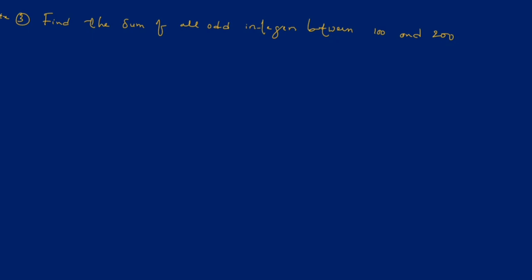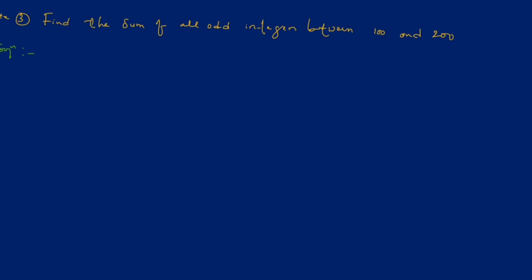It's a competitive-type example. Find the sum of all odd integers between 100 to 200. Let's see its solution. Simply if we count the sum of all odd integers, it will take more time. If you know the formula, simply we can substitute the values, then you will get the answer to the given question, right? Let's see the solution part.